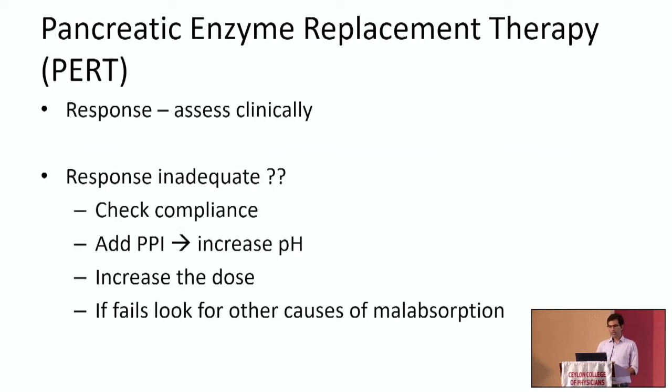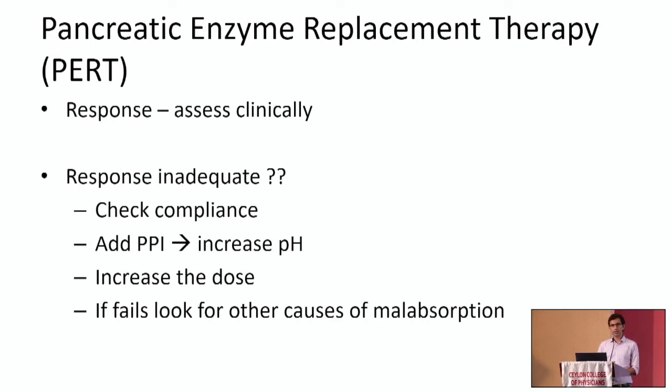So the response is assessed clinically, and what to do if the response is inadequate. You have to check compliance, and you can use a proton pump inhibitor if they are not already on one, because by gastric acid suppression you can increase the duodenal pH, because in advanced pancreatitis the bicarbonate secretion from the pancreas is also impaired.